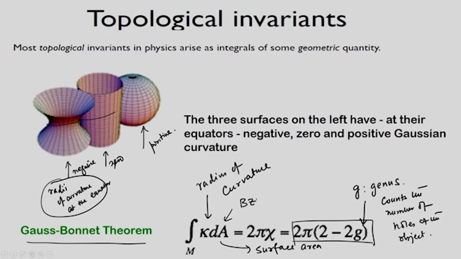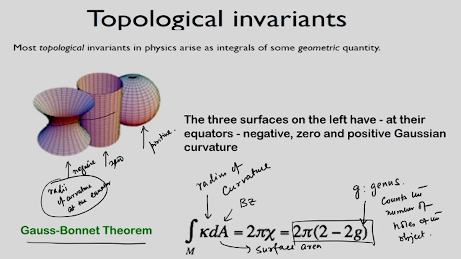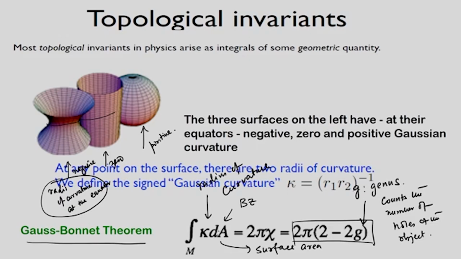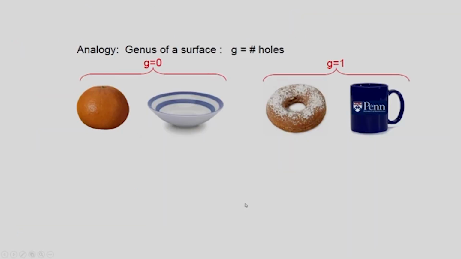Okay, and you know that in solid state physics or condensed matter physics, the first Brillouin zone is the most important thing. If any wave vector is going beyond the first Brillouin zone, it can always be brought back to the first Brillouin zone by adding or subtracting some reciprocal lattice vector. So, that is the area that we are talking about. Here we are talking about the surface area. In condensed matter physics, we will be talking about the Brillouin zone.